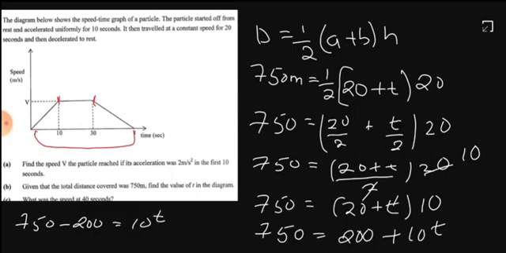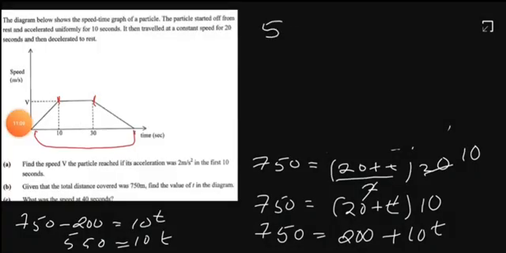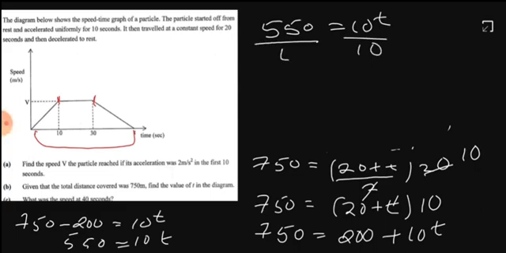That is going to give us 550 equal to 10t. So divide by 10 on both sides. The 0 cancelled, so the value of t is 55 seconds.